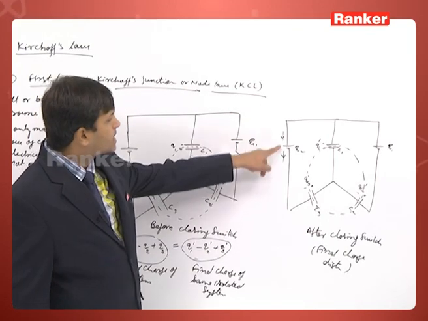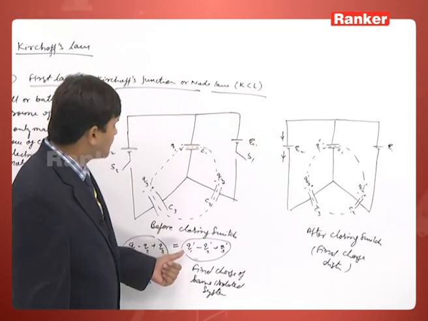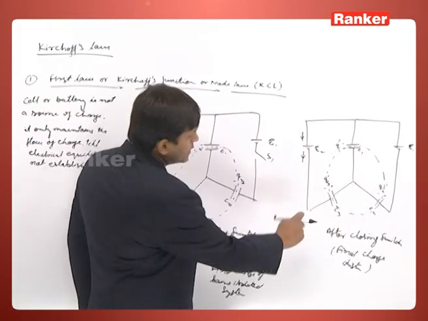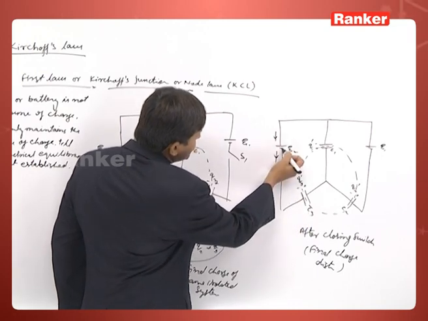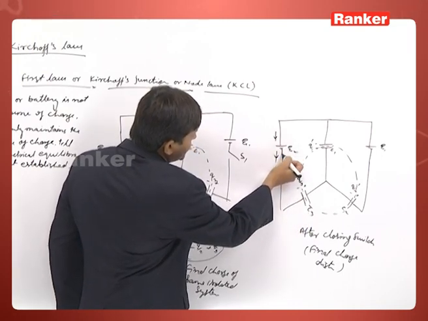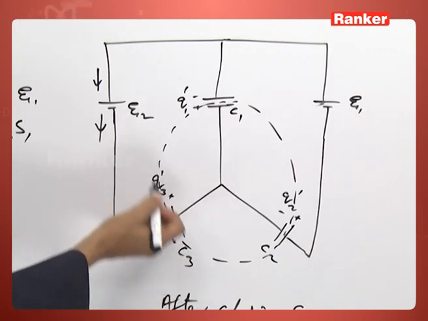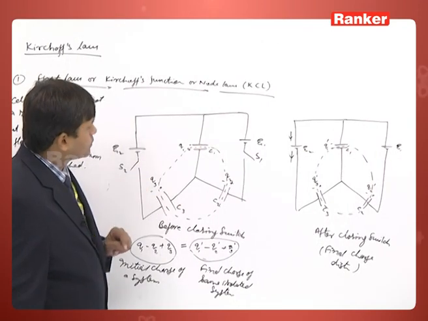So we can equate that charge, then also we can get the same type of relation. How can we equate? See, if I am looking at this plate, whatever charge comes from this electrode will go only on this plate after closing the switches S1, S2.